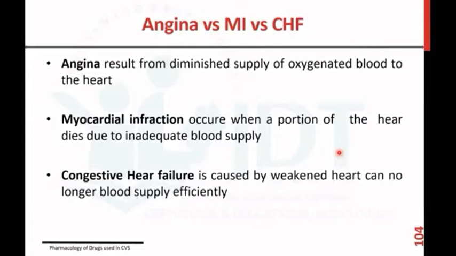Also, the cardiac glycoside contraindicated in hepatic failure is digitoxin. So also there is a GPAT question: which cardiac glycoside is contraindicated in hepatic failure, and the right answer is digitoxin. So don't confuse digoxin and digitoxin.